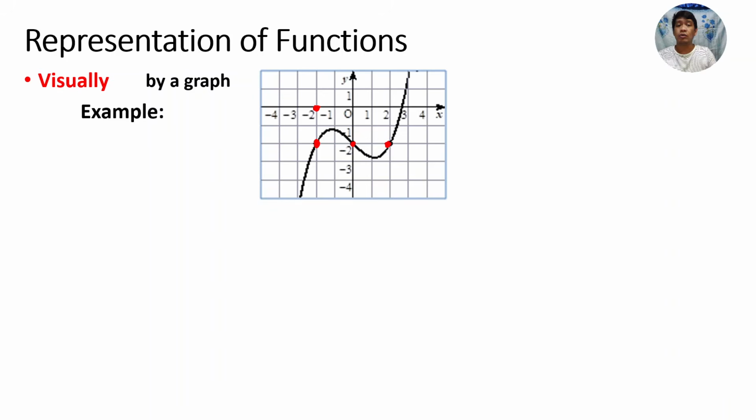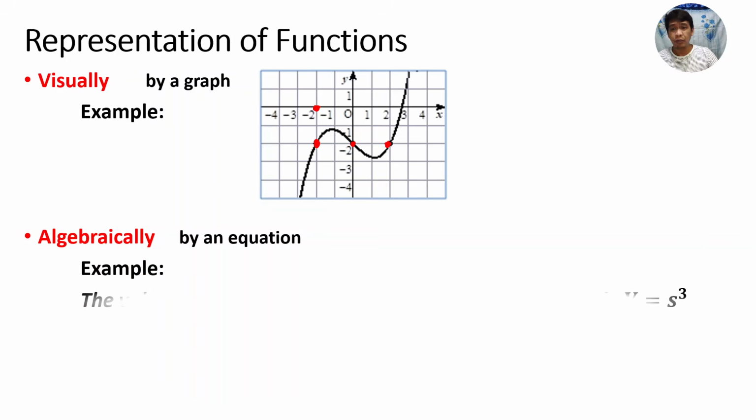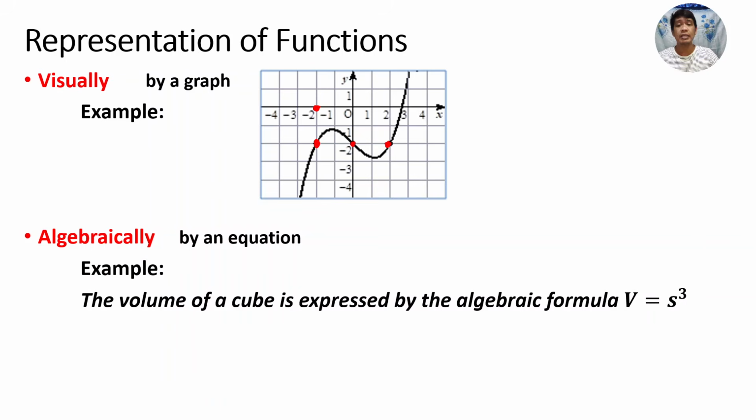So, lastly, algebraically. So, this is by an equation. So, ang example dito is the volume of a cube is expressed by an algebraic formula V is equal to S cubed. So, ibig sabihin, para makuha ko pala ang volume ng cube, kailangan ko lang alamin yung edge or yung side niya. So, which is the cube of that edge.